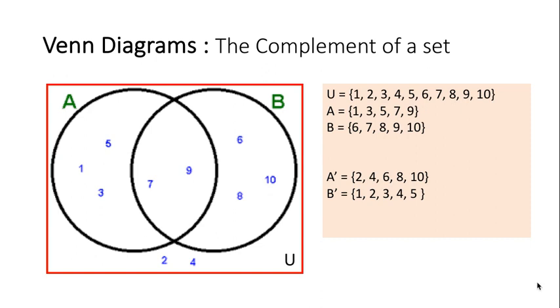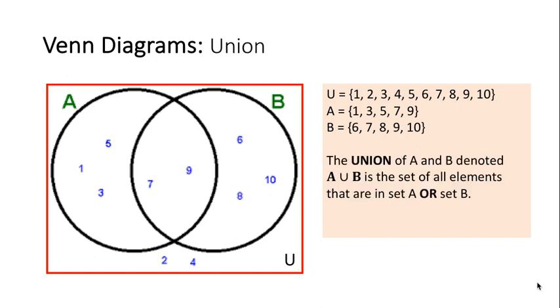Okay, next we're going to talk about the union. The union of A and B, denoted by A union B, is the set of all elements that are in set A or set B. So think about that. All the elements that are in A or in B are going to be all the elements that are in either of these 2 circles.